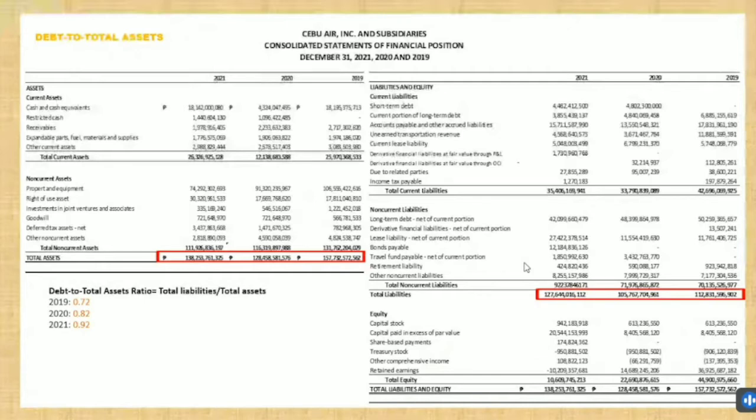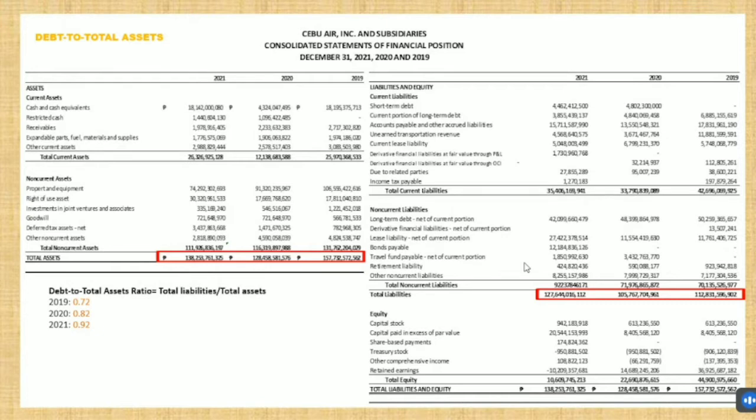The preferred debt to total assets ratio of the industry is 0.3 to 0.6, and that denotes that the lower the debt to asset ratio, the better.